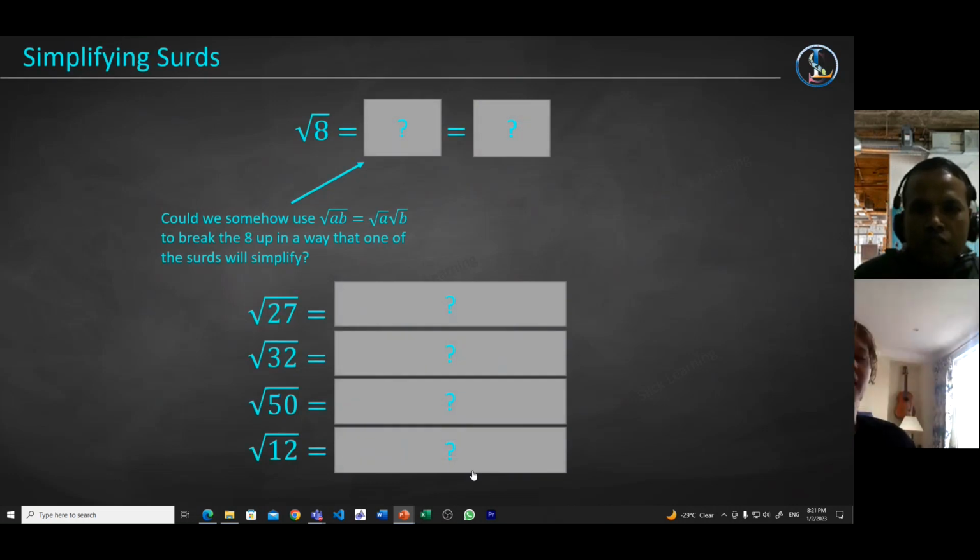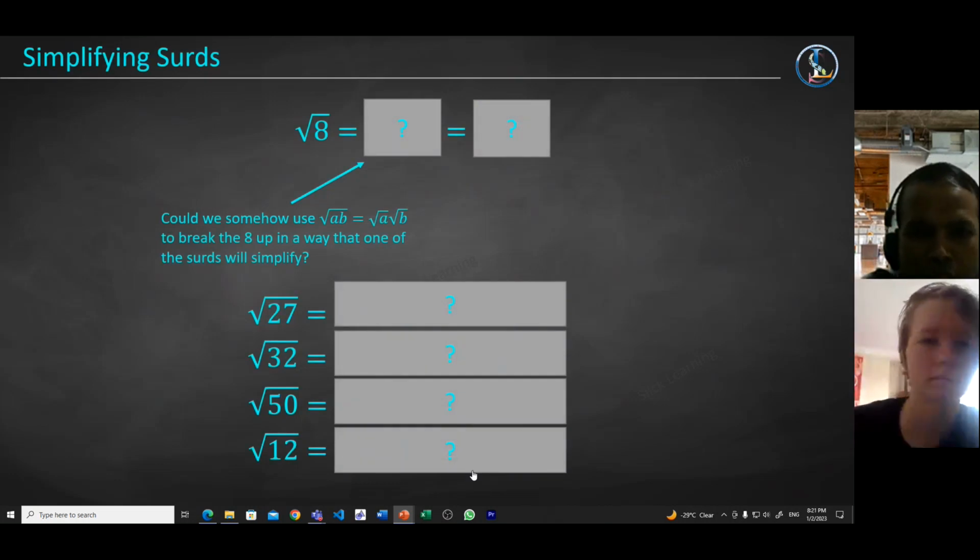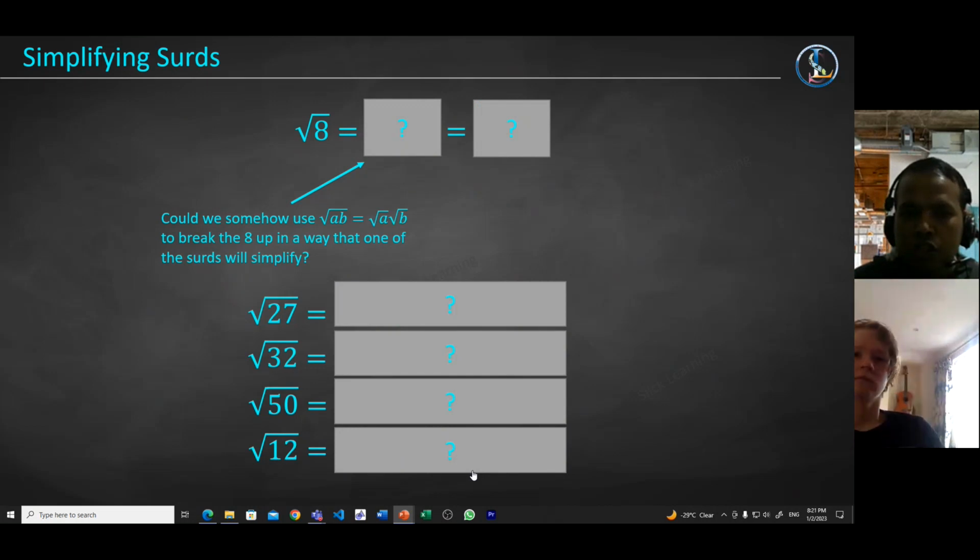Okay, let's see, if there is a single term, how are you going to simplify it? Like square root 8, you need to write it in simplest form.